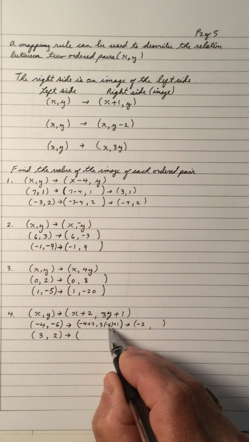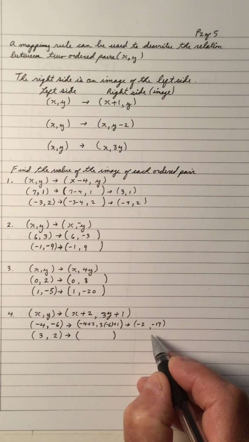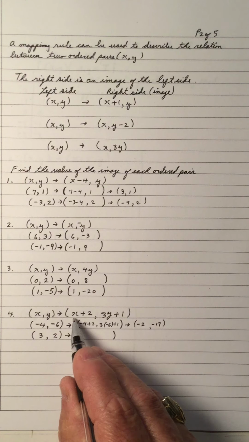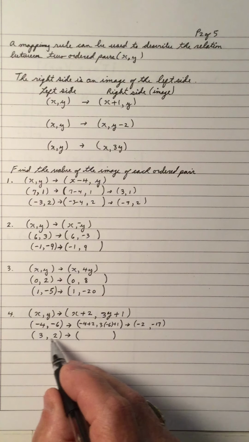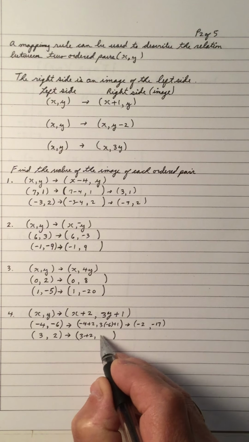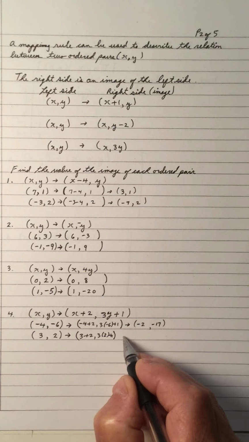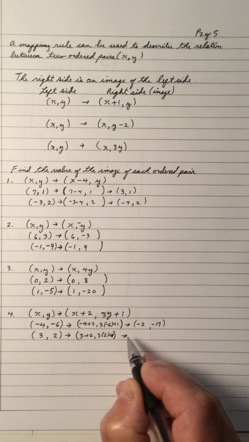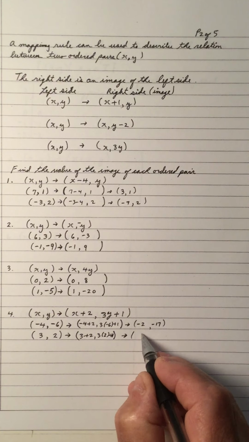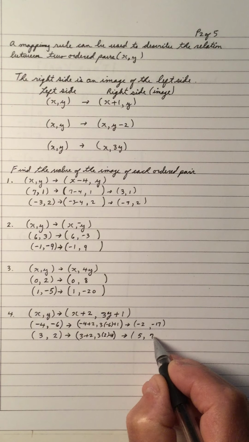We multiply and then add, negative 18 plus 1 is negative 17. And we have x plus 2 with the 3, so it's 3 plus 2, 5, y is 2, so it's 3 times 2 plus 1. That's 6 plus 1 is 7.